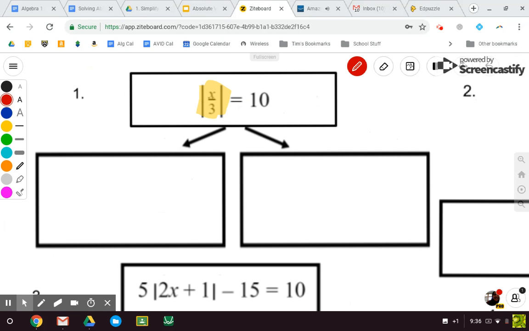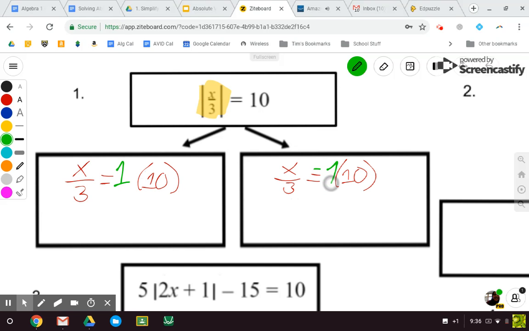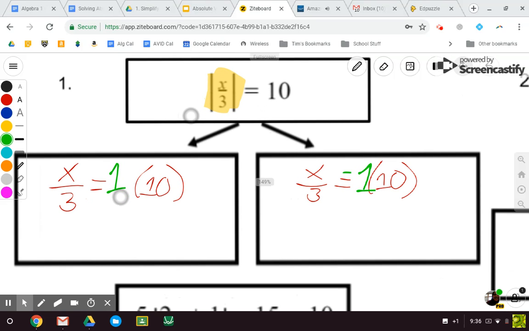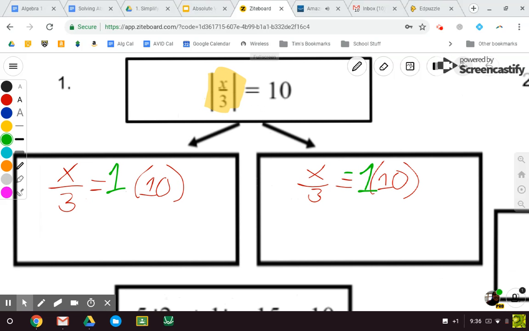For both equations, I drop the absolute value symbol and I put the other side of the equal inside parentheses. Now for one of them, I put a +1 in front and the other gets a -1. Okay, so now I'm going to use please don't call me after midnight to solve these.